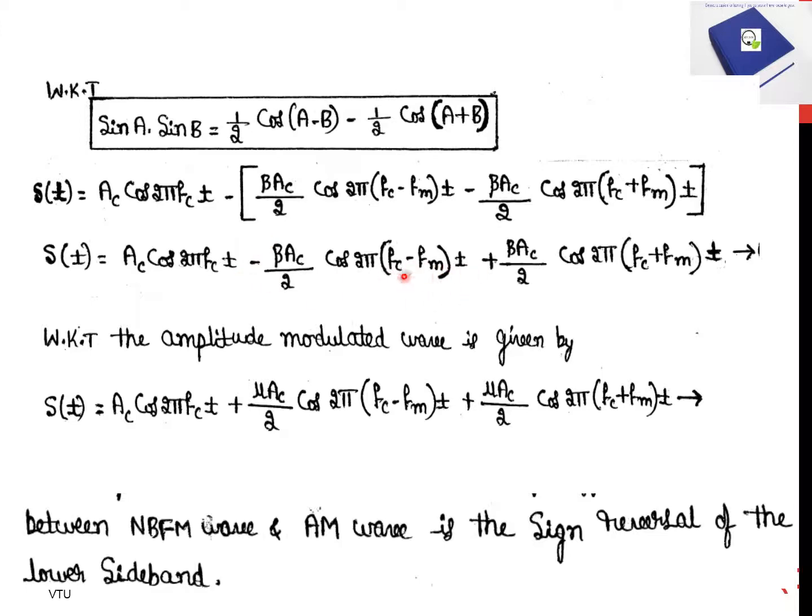Fc minus fm is the lower sideband, and fc plus fm is the upper sideband. Here we can see it is minus, and in AM it is plus, in case of the lower sideband.